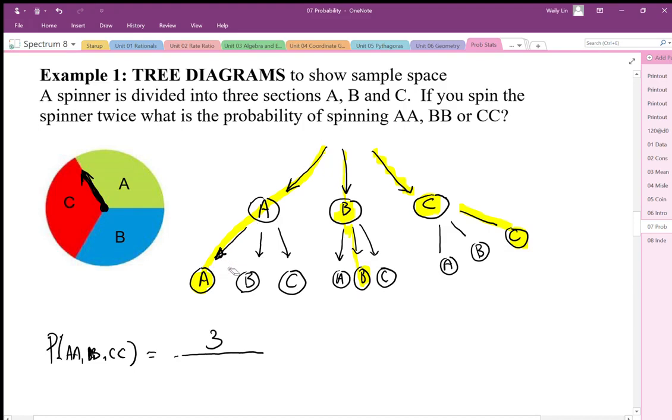Well, there's 1, 2, 3, 4, 5, 6, 7, 8, 9. There's 9 possible outcomes here. One of them was AA, the other one was AB, AC, BA, etc. So the probability works out to be 3 out of 9, and we can just leave it like that, or we can simplify it to 1/3 or write it as a percentage. Essentially the probability is 33.3%. Just going to clean that up a little bit. It's going to be BB.